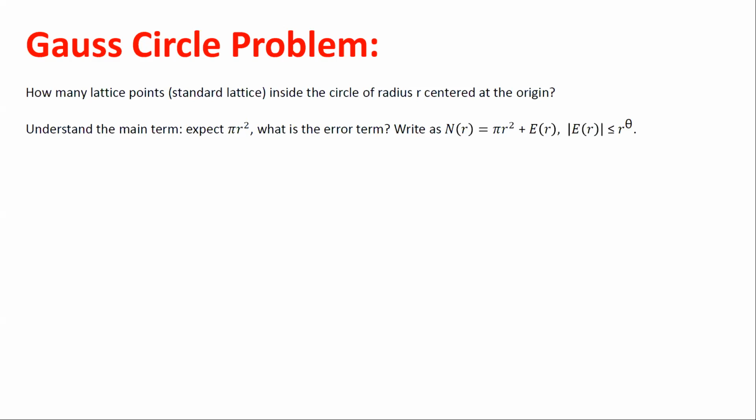Does anybody think we can go smaller than 1? Well, from the boundary, it seems like theta should be at least like 1/2. Okay, why 1/2? Because that would be like the square root of r. I'm sorry? So could you explain why you think it should be 1/2?